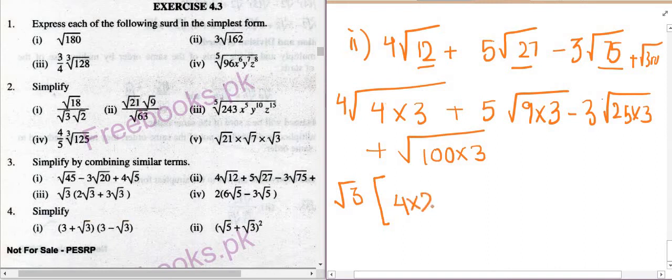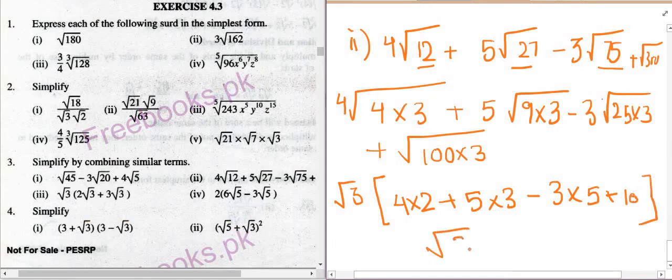This becomes 2 plus 5 × 3 − 3 × 5 plus 10. This becomes √3 into 18.